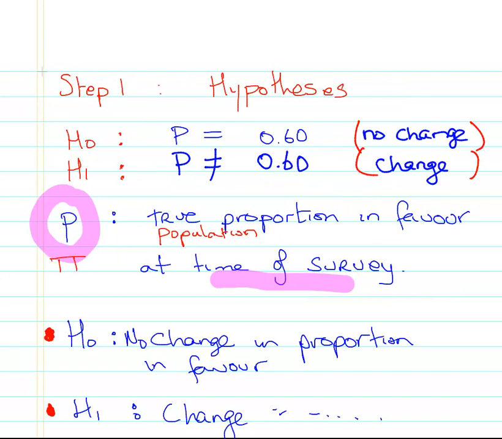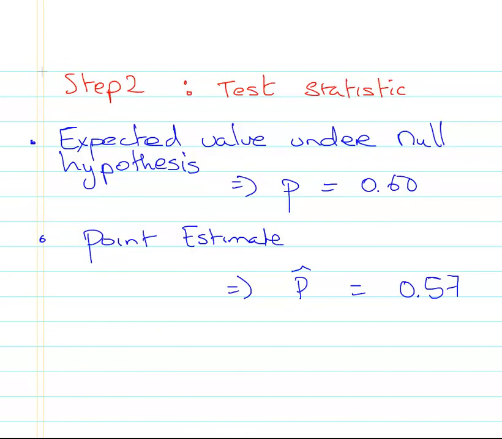There are no actual calculations there. We're going to do all the calculations here. So what we're going to do is calculate the test statistic. There are two parts to this: the expected value under the null hypothesis. Under the null hypothesis, where there's been no change from one week to the next, we expect the true proportion in favor to remain as 60% or 0.60.